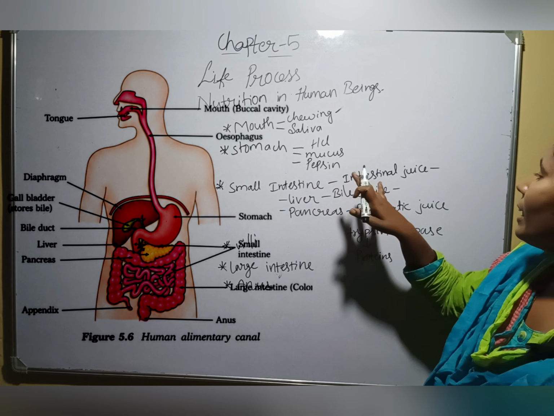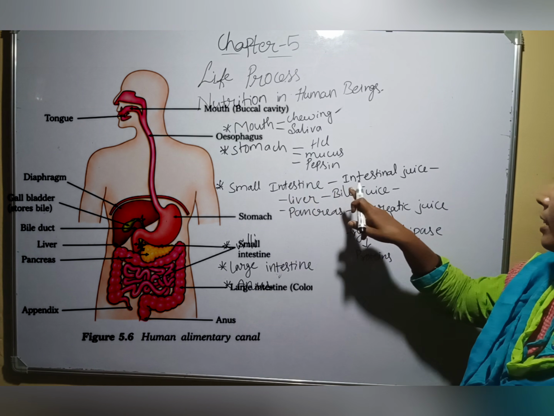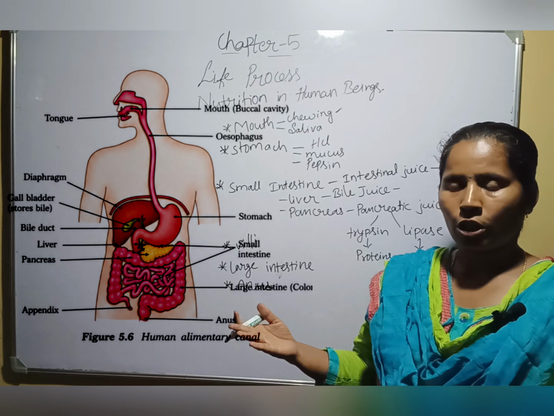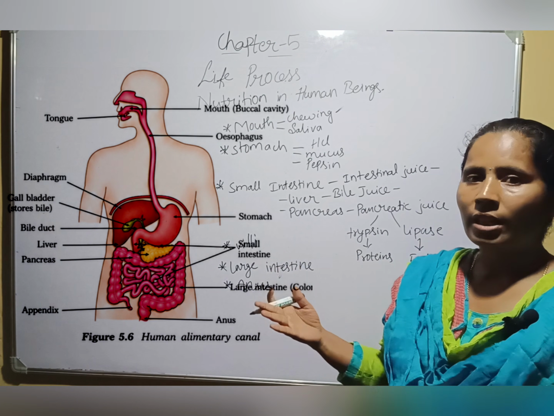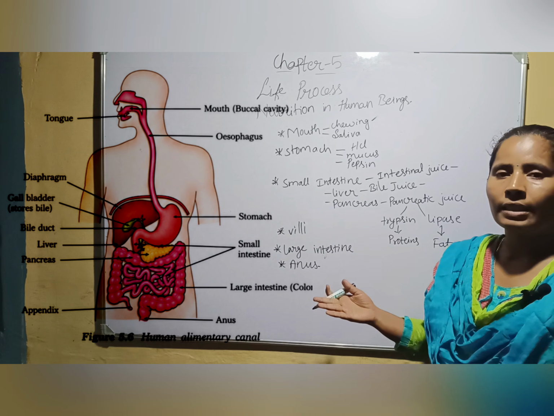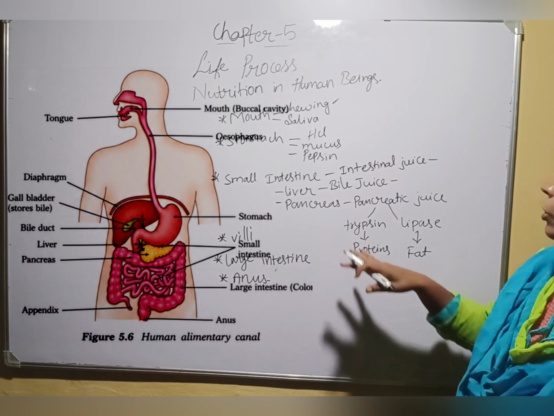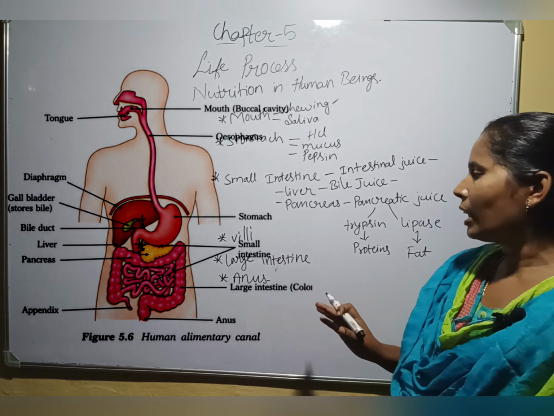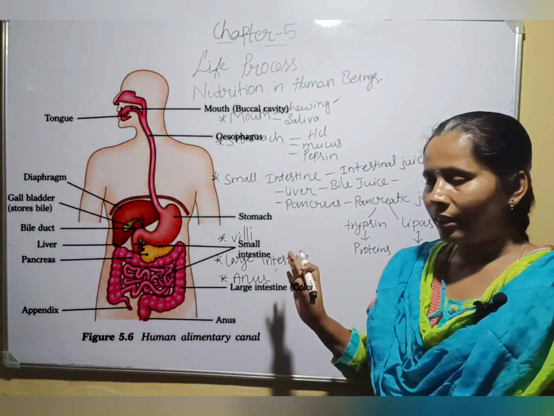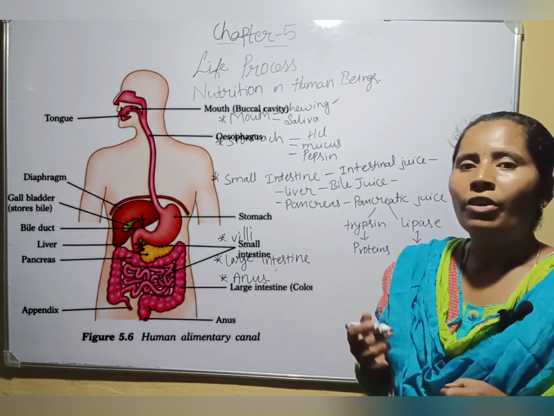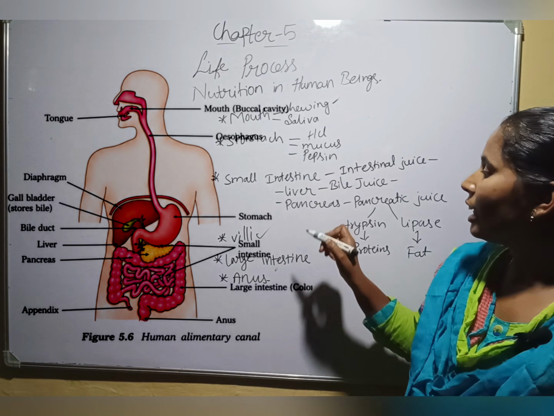After that we will get a secretion from the small intestine called intestinal juice, where the complete conversion of protein into amino acids, carbohydrates into glucose, and fat into fatty acids takes place. After this complete digestion, the walls of the small intestine contain finger-like projections called villi, which are very rich in blood.